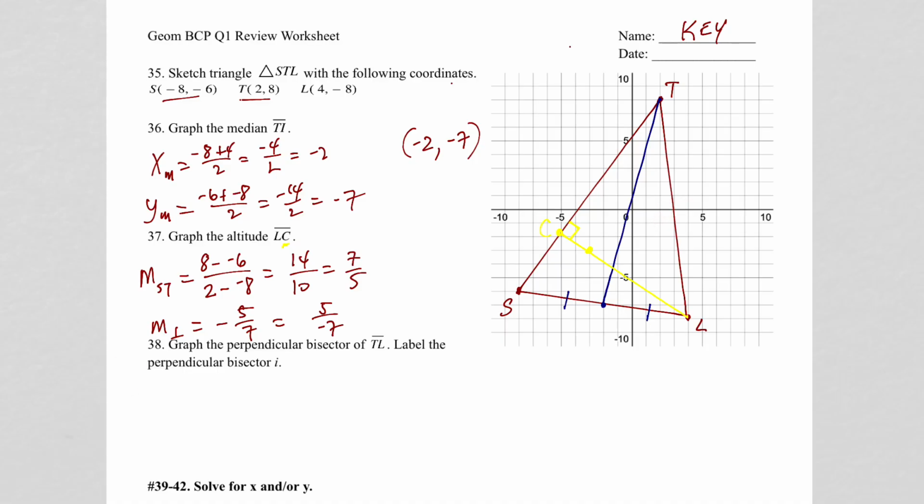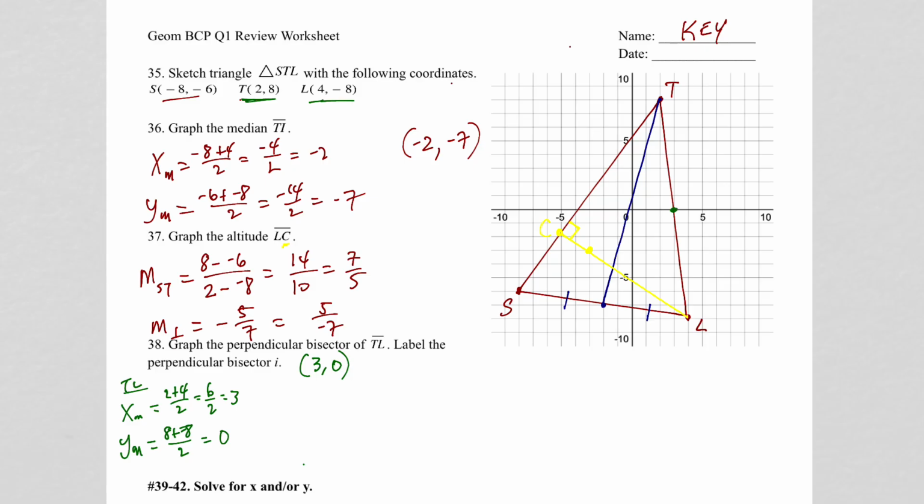So for TL, the x value of the midpoint is 2 plus 4 over 2, which is 6 over 2, which is 3. And the y value of the midpoint is 8 plus negative 8, which is 0. So the point 3 comma 0 is in fact right there.